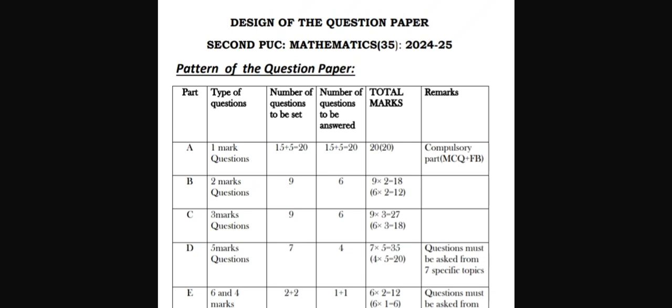Each question carries 1 mark, so there are 15 marks. The other part is fill in the blanks type of questions. Here they also give some results in brackets. There will be 5 questions, and each question carries 1 mark.